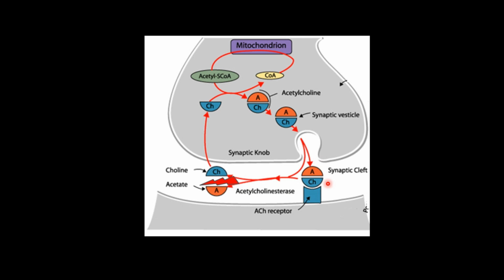So again, the classification of these cholinomimetic drugs is on the basis of the neurotransmitter release and its degradation. Now, another step is: what are the types of cholinergic receptors?